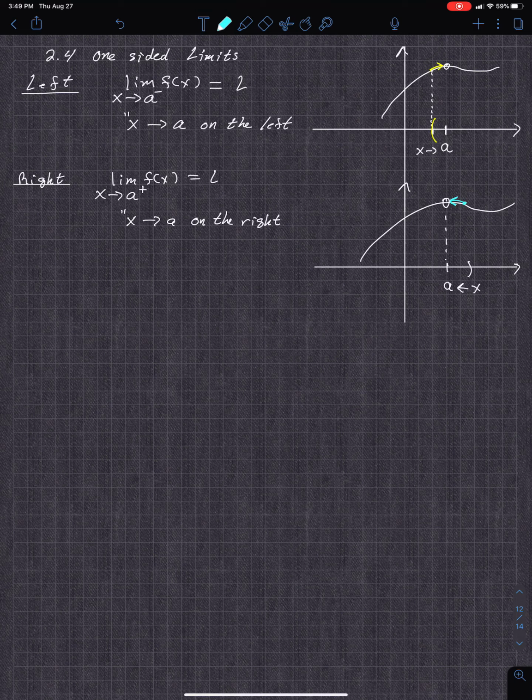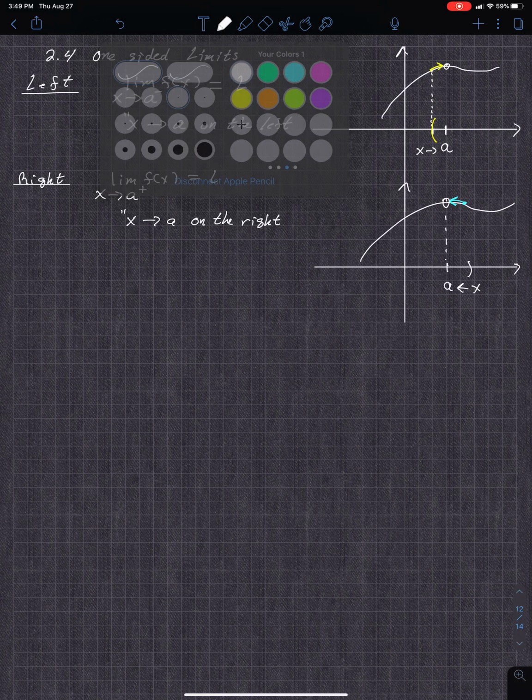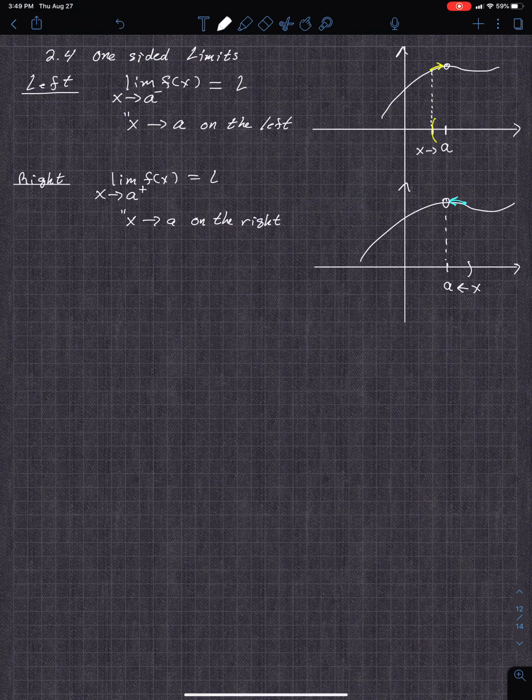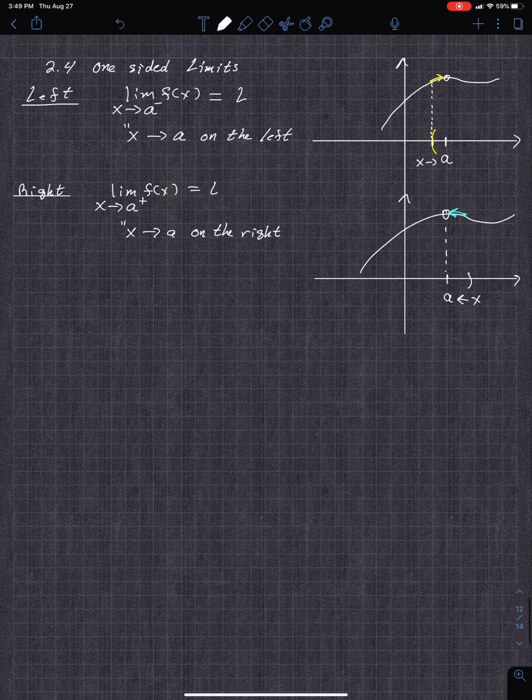Okay, so let's look at a function whose limit we considered before, where the function was undefined. This is the one we look at often to talk about these. So let's consider the function f of x equal to the absolute value of x over x.